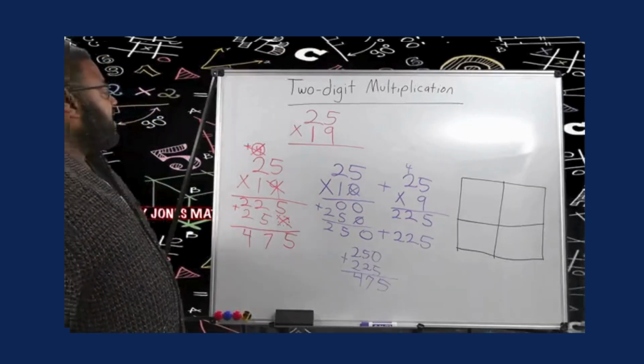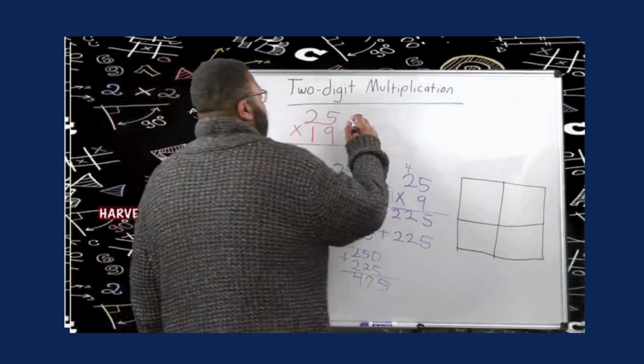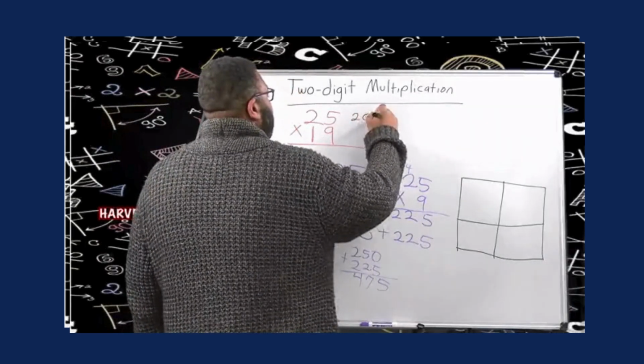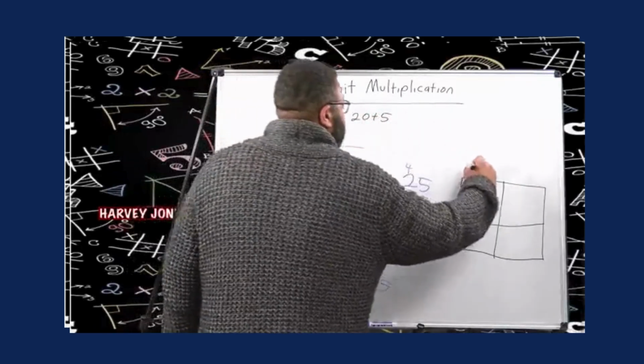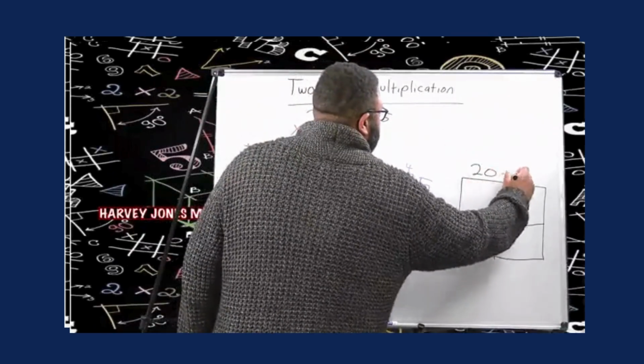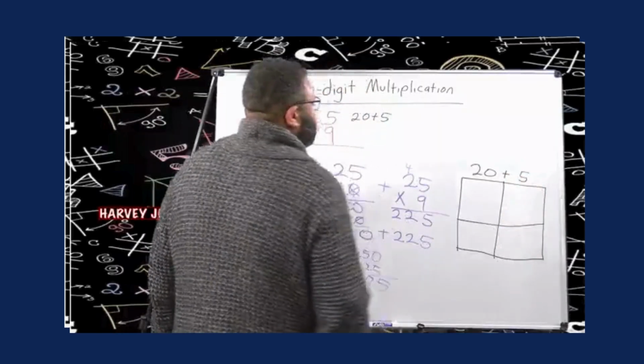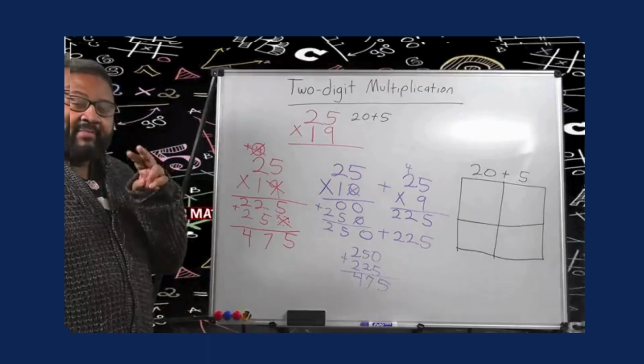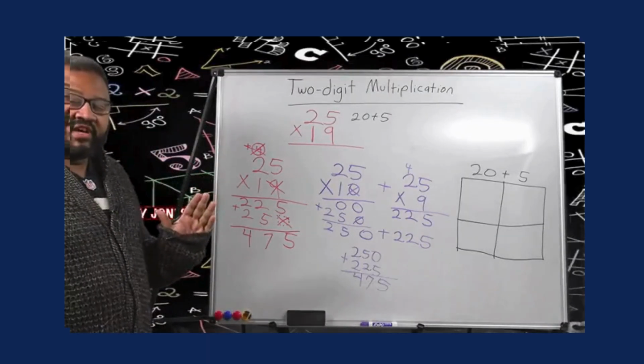And what am I going to do right here? I'm going to break this down into 20 plus 5. That's what's going to go on the top. So basically this is a mini expanded form. We've been talking about expanded form.